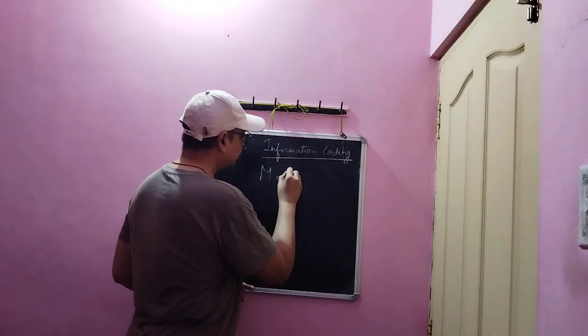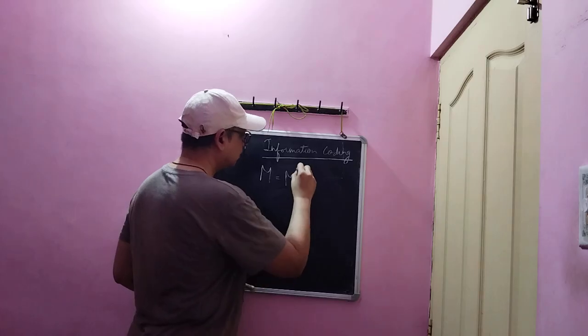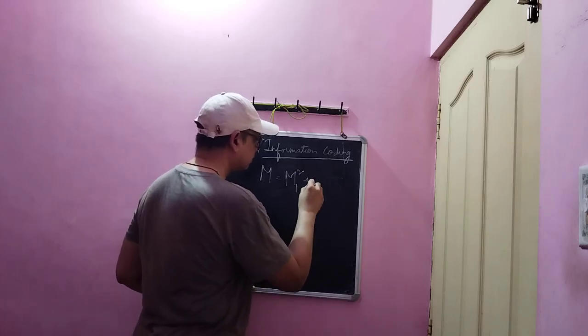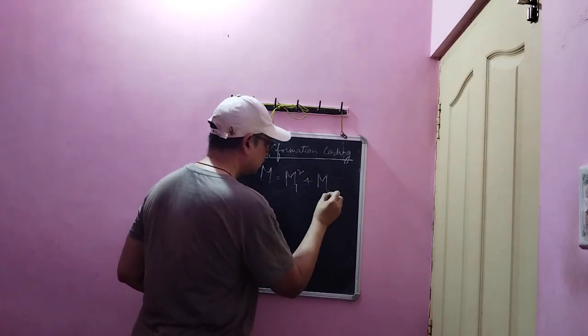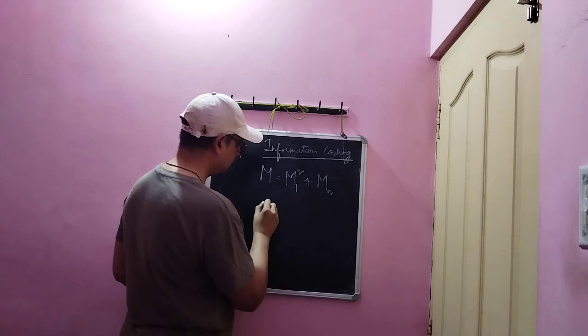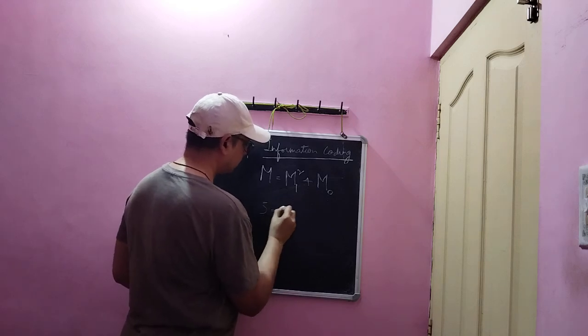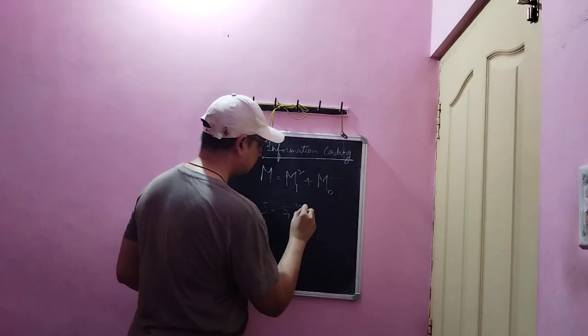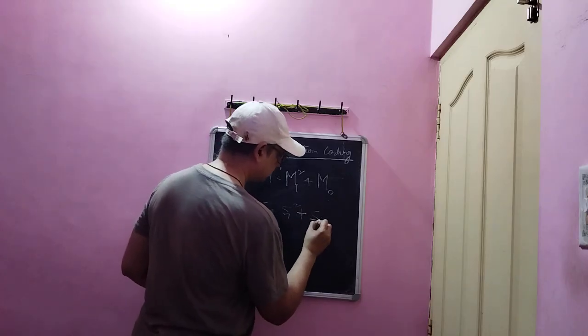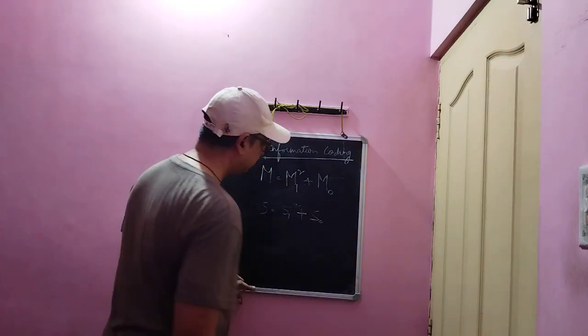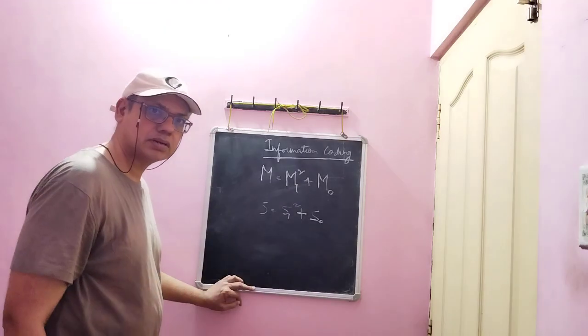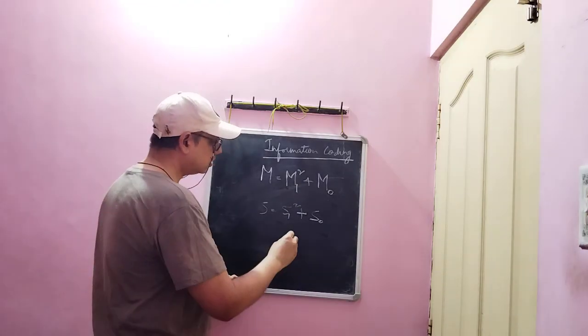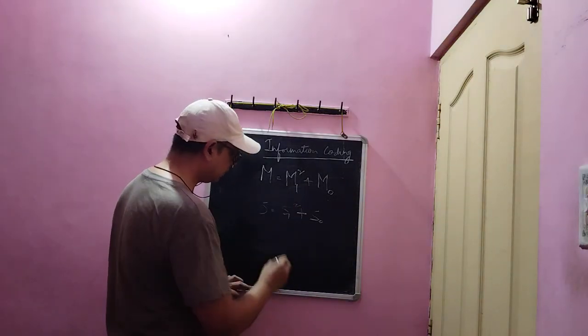Let M equal M1 square plus M naught, and S equal S1 square plus S naught. So in other words, we are taking the square root of M.